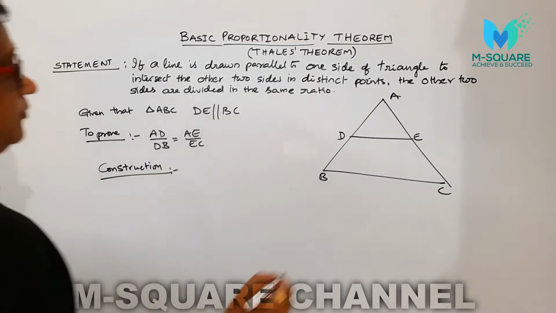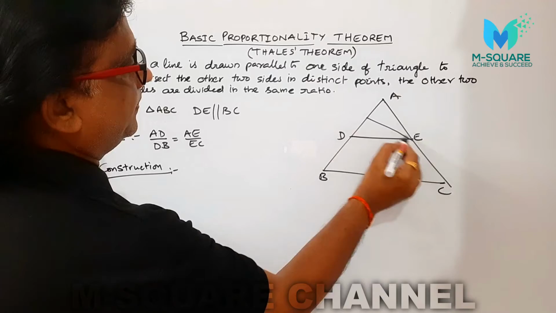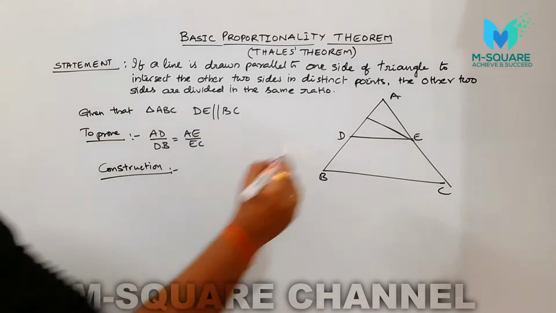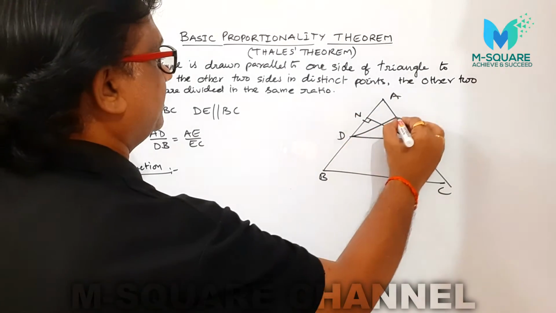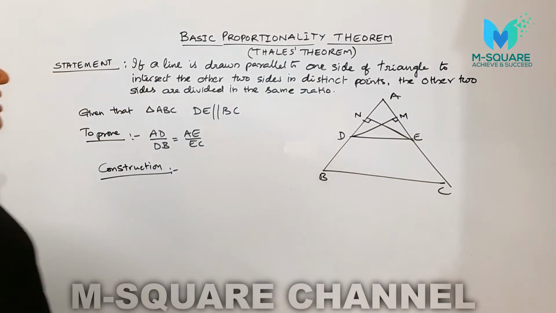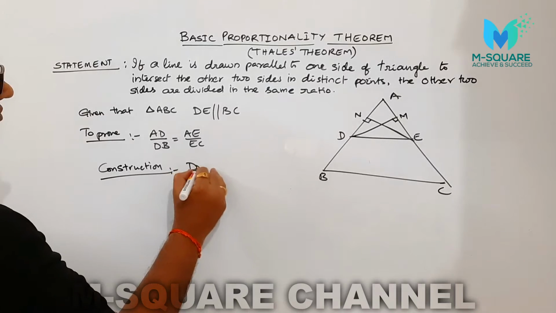About the construction: draw a perpendicular from E, let it be N, so EN is the perpendicular. Draw another perpendicular DM.